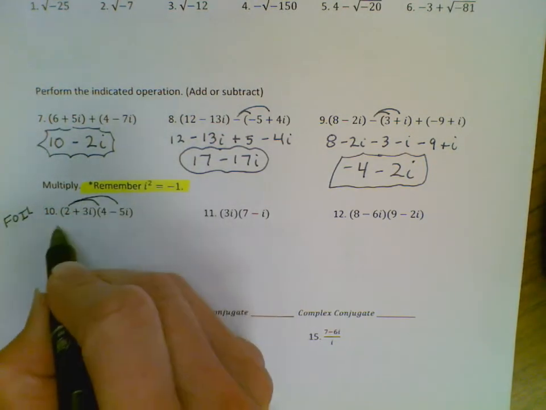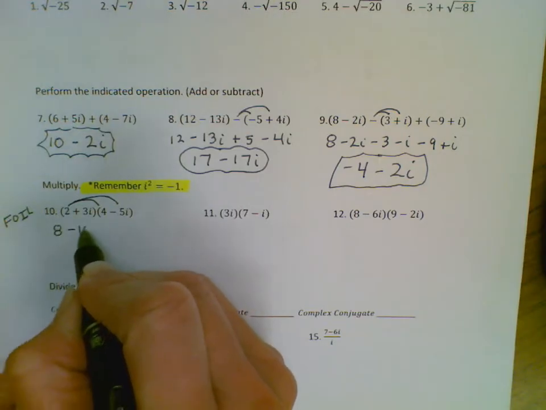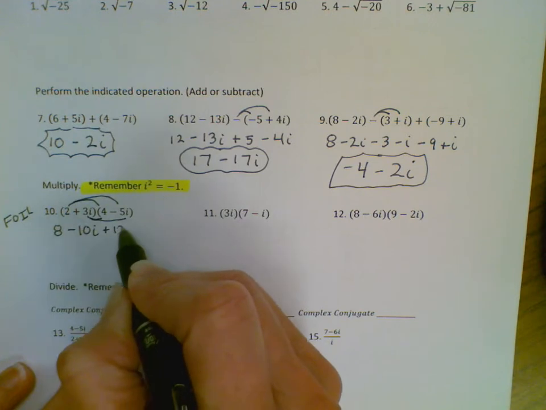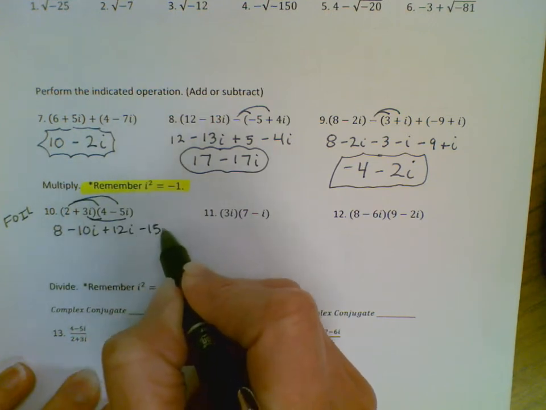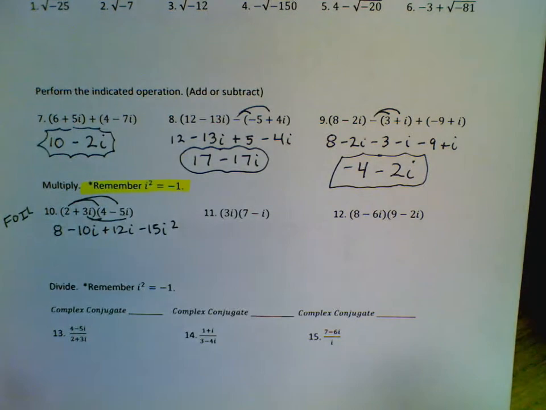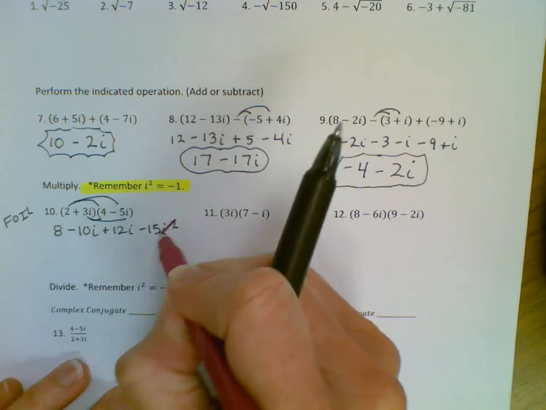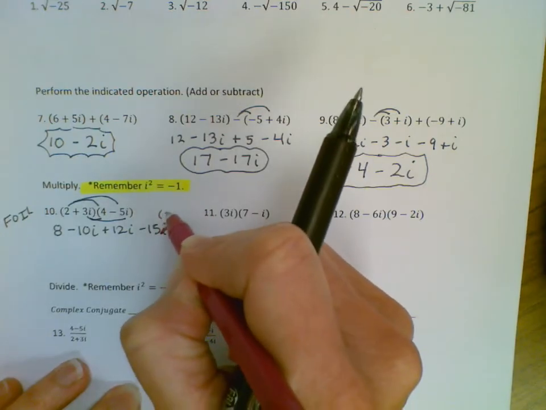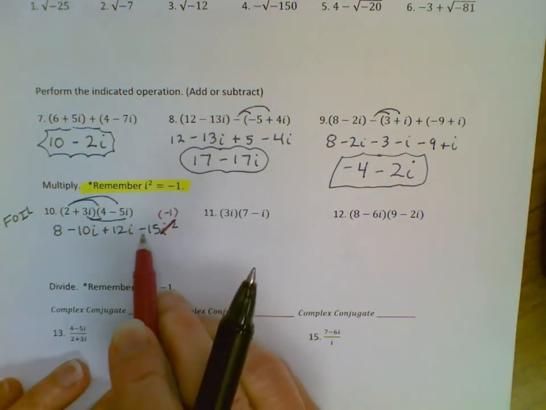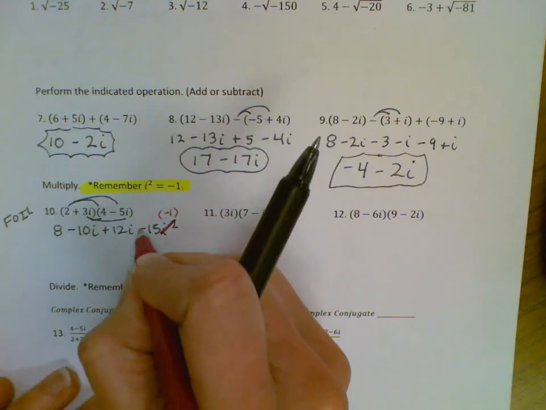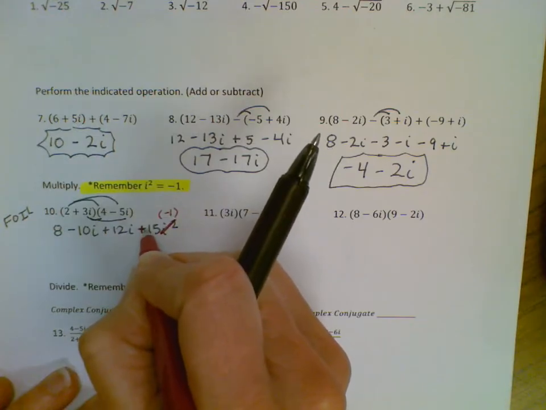So 2 times 4, and then take the 3i through. Now right here, this i squared, I'm going to replace with a -1. And really all that does is change the sign on the number attached to the i squared to its opposite. So this is going to become a +15.